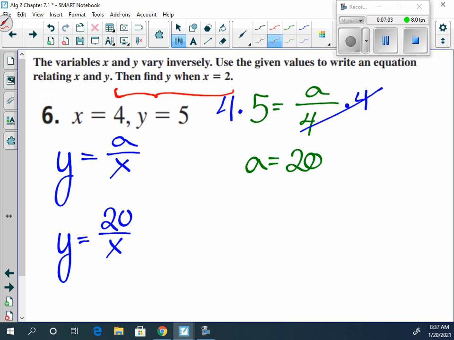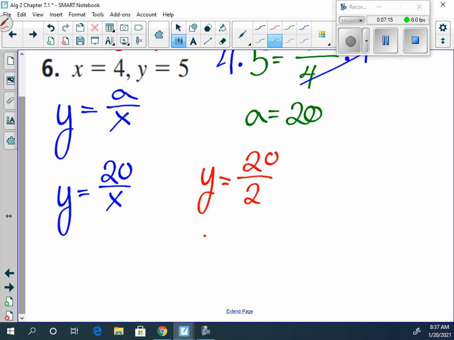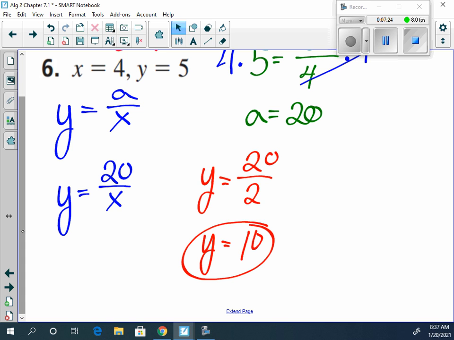And they want us to find the value of y when x is equal to 2. So y would equal 20 divided by 2. So the value of y would be? And that's it there. Any questions on any of this here? We feel comfortable with this here? Yes? Okay.